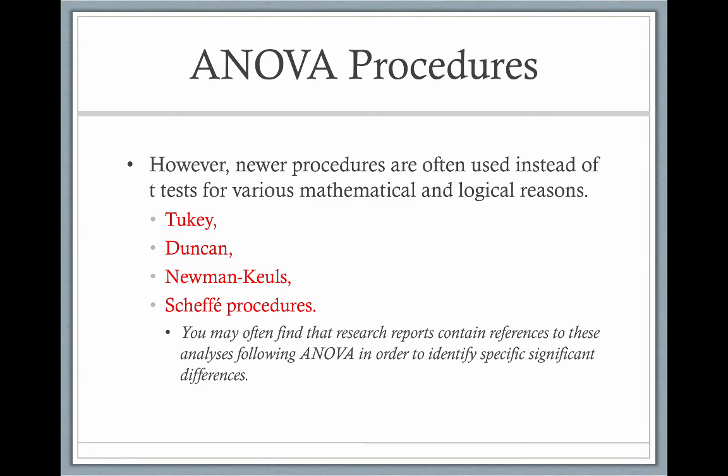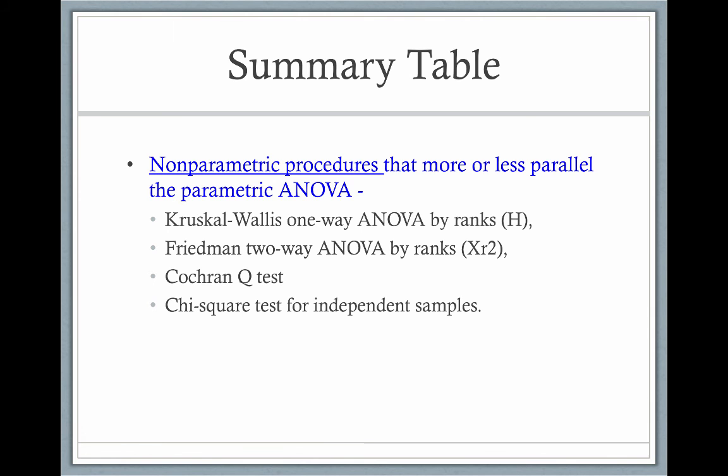So they used to do t-tests, or there are other more fancy statistics, the Tukey, the Duncan, the Newman-Keuls, the Scheffé procedure. So you may find that research reports contain references to these analyses following ANOVA in order to identify specific differences. We're almost done, sorry.